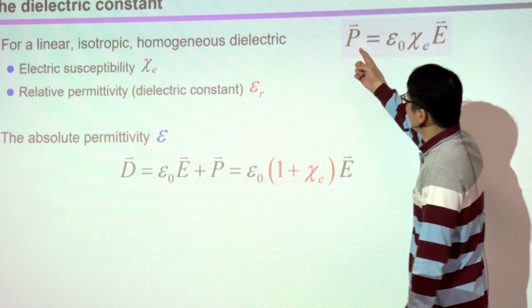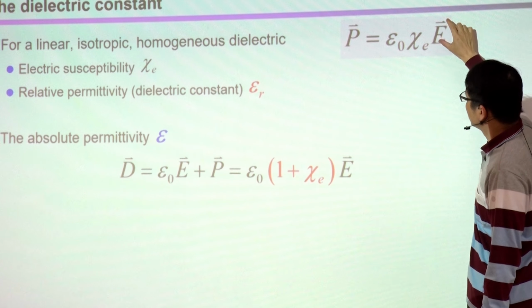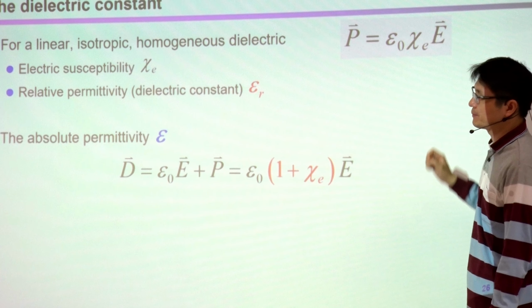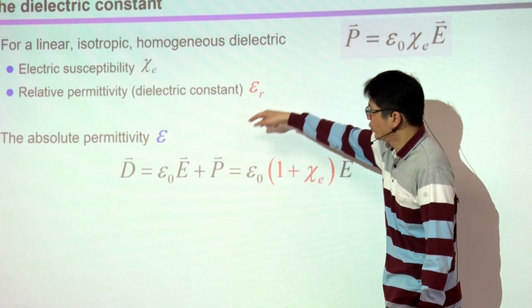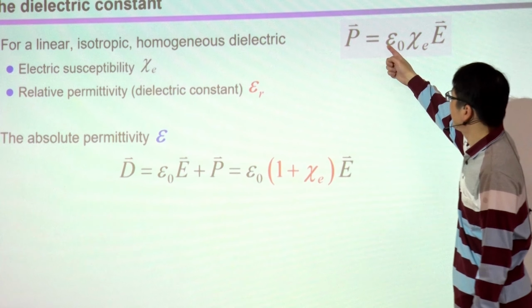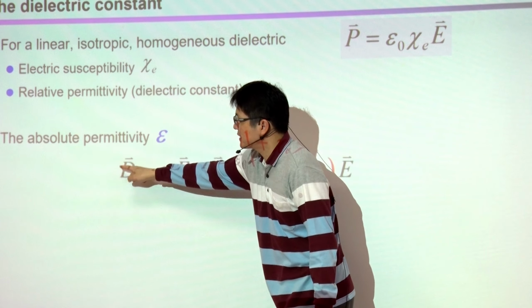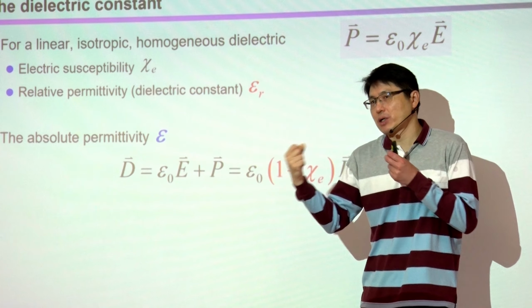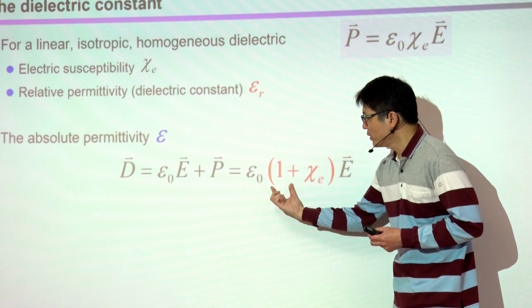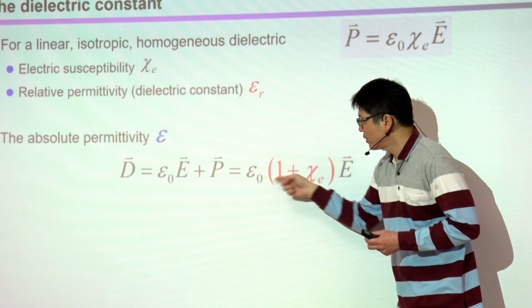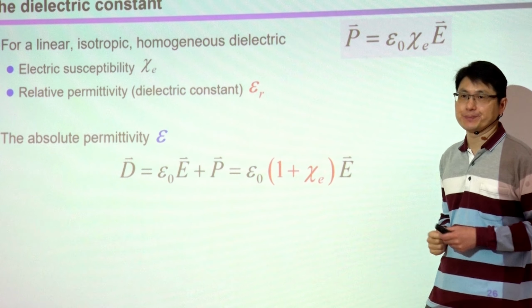So now, we have P equals epsilon 0 chi E times the E, external field, right? We can just replace this P by epsilon 0 chi E E. So basically, the flux density, which is associated to free charge density, can now be formulated as epsilon 0, 1 plus chi E times the E vector.